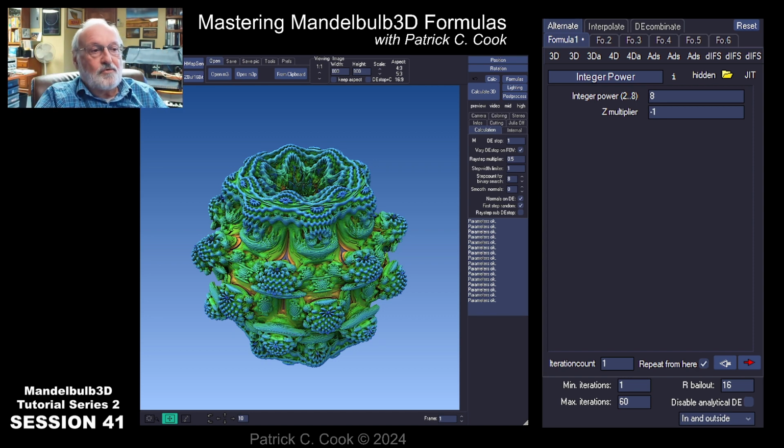All right. So the point being is that the alternate mode gives us an opportunity to see what the Mandelbulb looks like in its default native rendering.